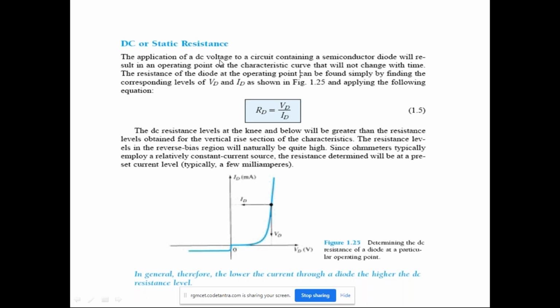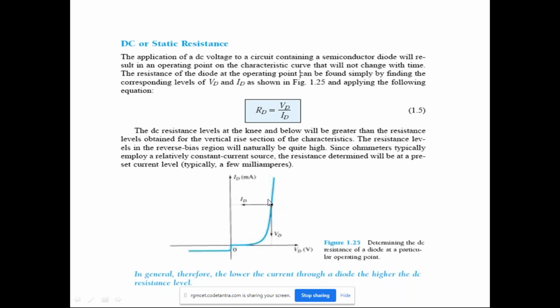Observe here, the application of a DC voltage to a circuit containing a semiconductor diode will result in an operating point on the characteristic curve that will not change with time. Remember this one. This operating point will not change with respect to time. This operating point is fixed.